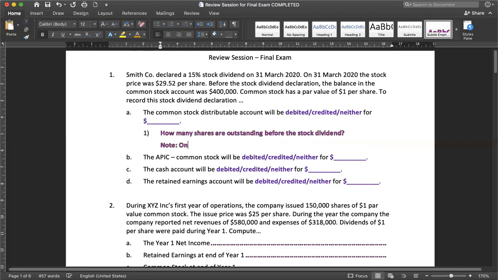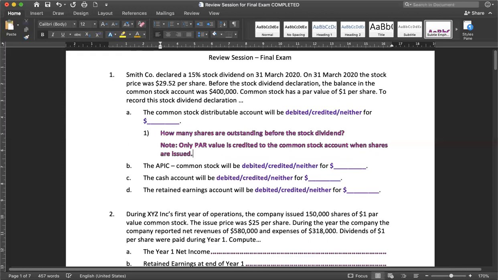Note, only par value is credited to the common stock account when shares are issued. So we know that the par value is $1 per share. And we know that the common stock account has $400,000 in it.